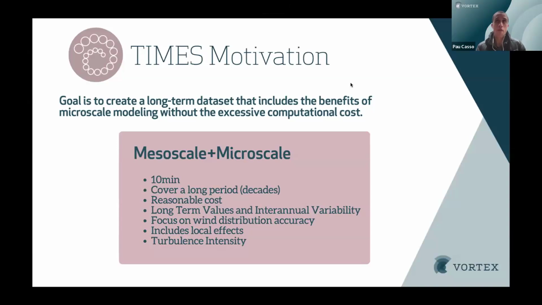That means high frequency 10-minute data with a lot of variables describing the turbulence, describing the variability of the data, so that they are useful for the AEP estimations and other applications in the wind industry where you really need the high resolution, speed up factors, etc. So the challenge was to get the best of both worlds, long-term mesoscale and short-term microscale, put them together and see if we were able to generate a useful time series.